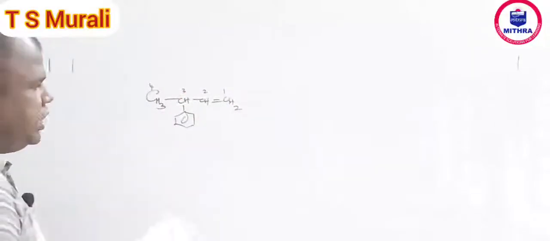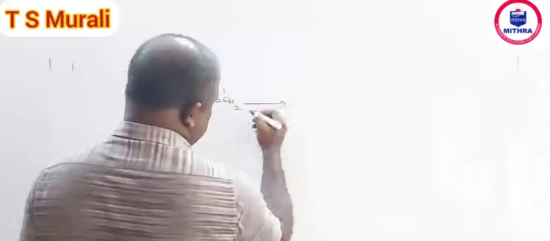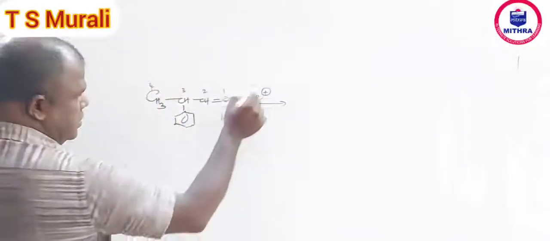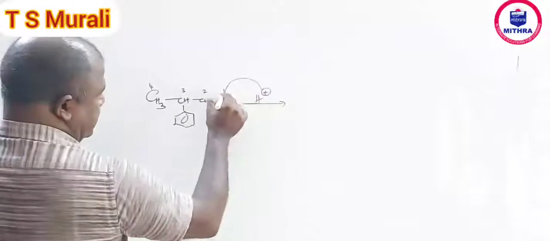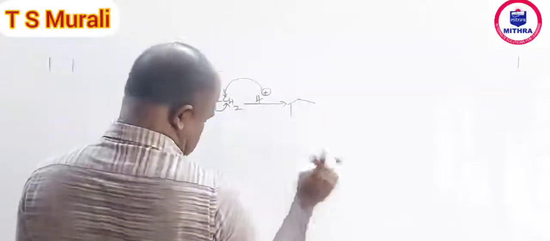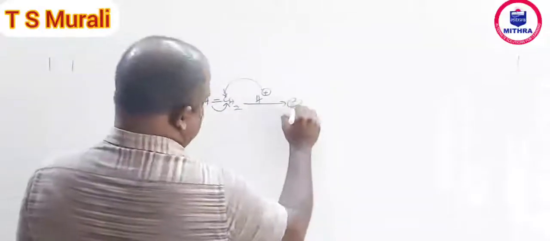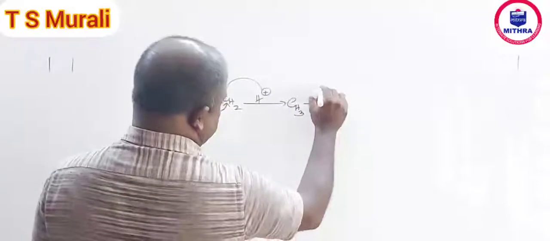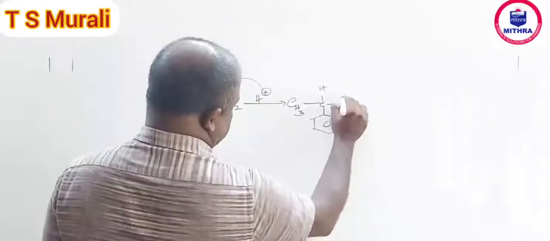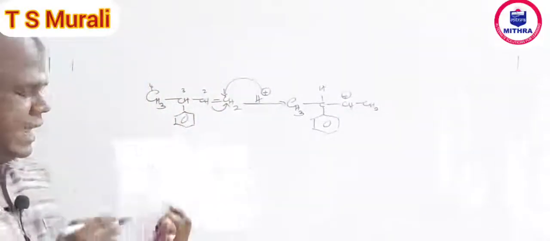This molecule is subjected to hydration, adding water. So the first step is H+ addition. This H+ joins here, so the pi bond is shifted, giving CH3, CH, benzene ring, and CH with the positive charge becomes CH3. Agree? So this is the cation formed.